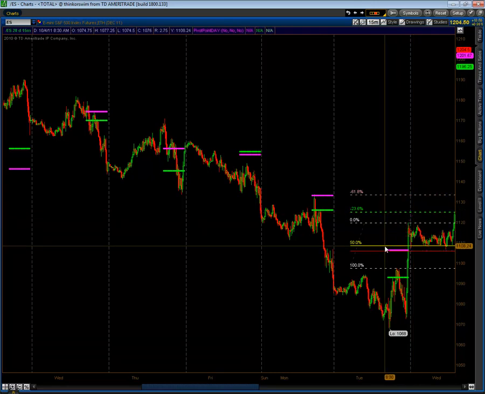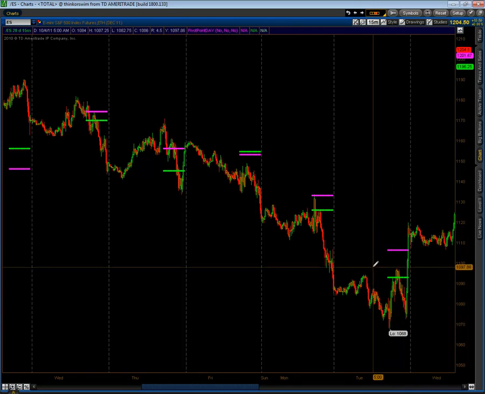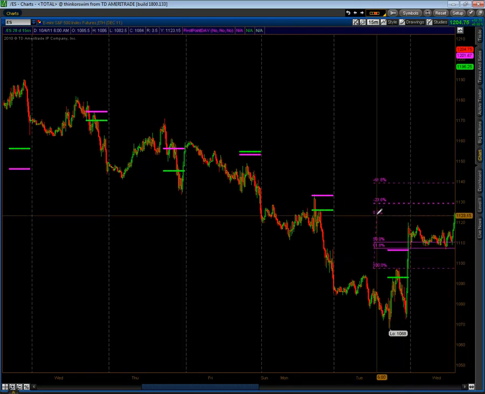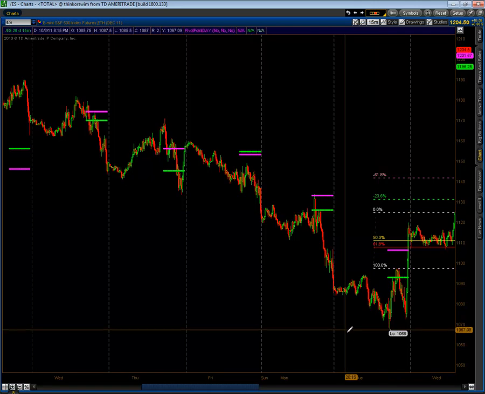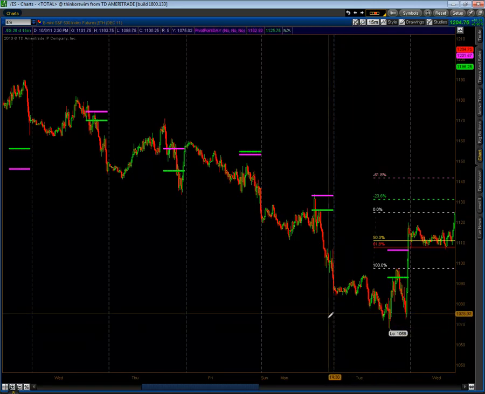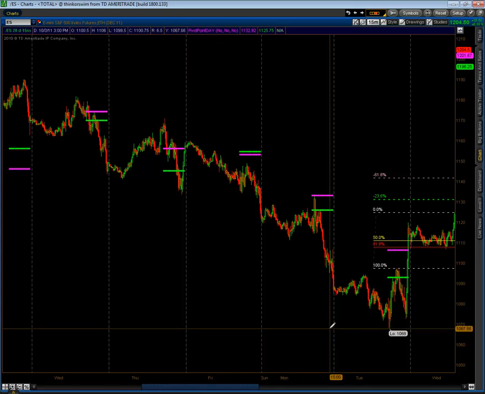In extensions, instead of doing that, what we do is we draw same anchor, new high. And this is pretty unique to extensions. Sometimes measured moves will do a same anchor, new high, but usually it'll happen in extensions.